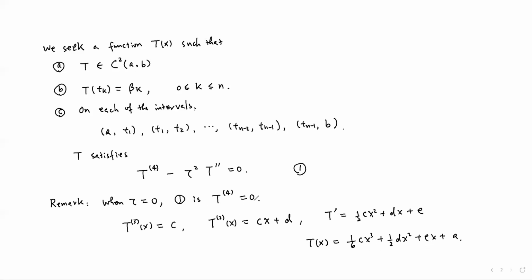So the solution of this equation corresponding to tau is 0 is a cubic polynomial. This is an extreme case.